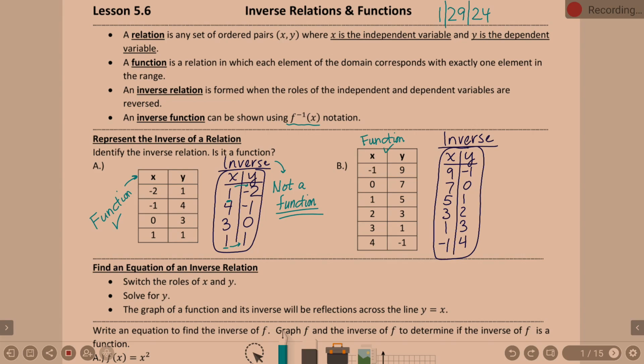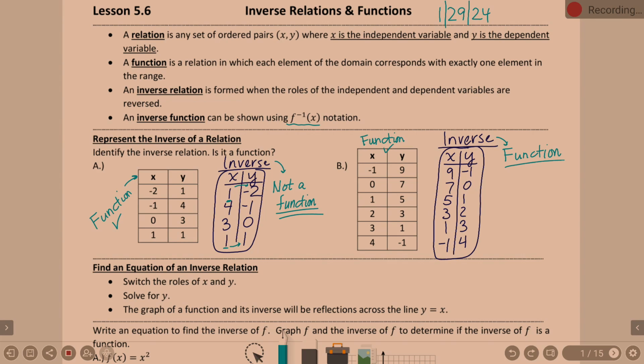What about our inverse? That's what the question is really asking. Is the inverse a function? Do any of my x values repeat? No. 9, 7, 5, 3, 1, -1. So my inverse is also a function.